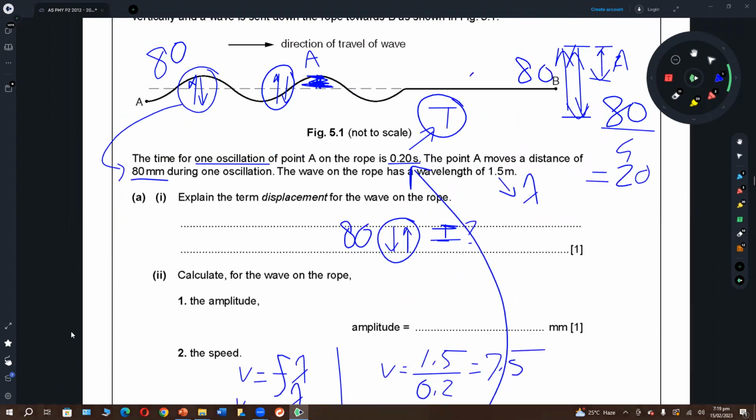So should I make this much? Yes, it is equal to that of the amplitude. But you have to be careful what I'm asking. Is it half cycle or quarter cycle? It is a quarter cycle.